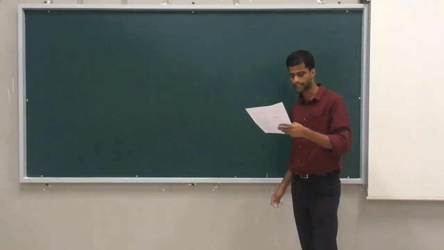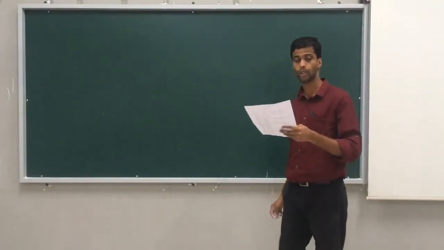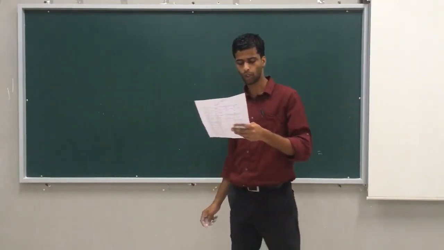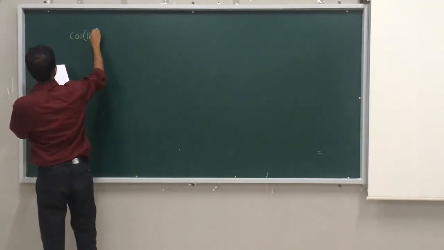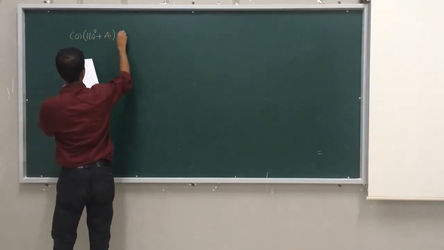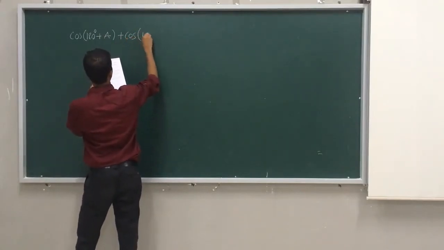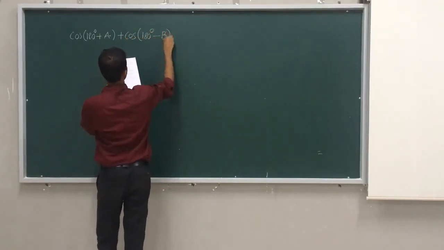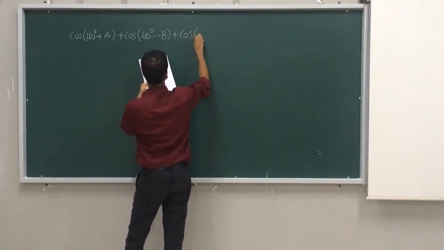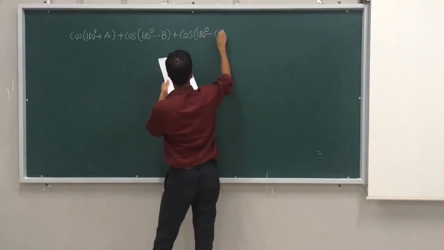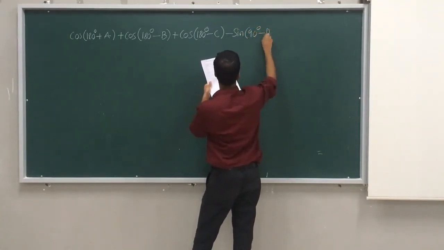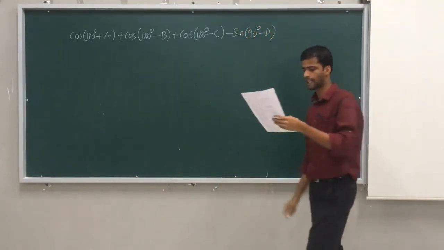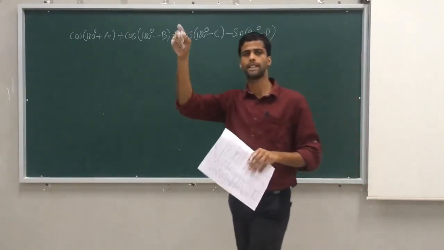If A, B, C, D are the angles of a cyclic quadrilateral taken in order, then find the value of cos of (180 degree plus A), plus cos of (180 degree minus B), plus cos of (180 degree minus C), minus sin of (90 degree minus D). If ABCD are the angles of a quadrilateral, the sum is 360 degree.